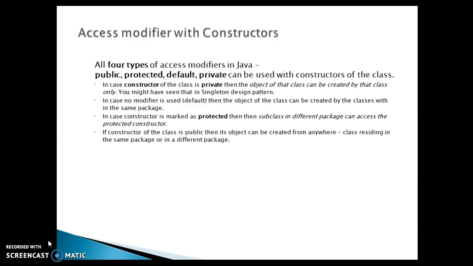If you have subclasses in different packages, from there also you can create an instance of that class, right? If a constructor of the class is public, then its object can be created from anywhere, from a class residing in the same package or in a different package.